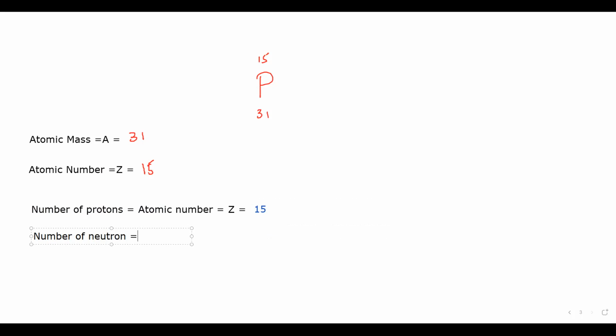The number of neutrons is equal to atomic mass minus atomic number, or you can write it as A minus Z, because we represent atomic mass by A and atomic number by Z. So A minus Z: A is 31 and Z is 15, so 31 minus 15 is equal to 16. So the total number of neutrons will be 16.